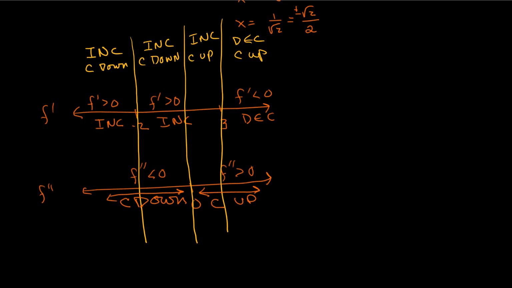If this actually forms a graph or not, I don't know. But what we can do is for each of these 4 segments, here's something increasing and concave down. Increasing and concave down would continue to go like this. Increasing and concave up would go like this. Decreasing and concave up would go like this. This is going to be a pretty crazy looking graph.